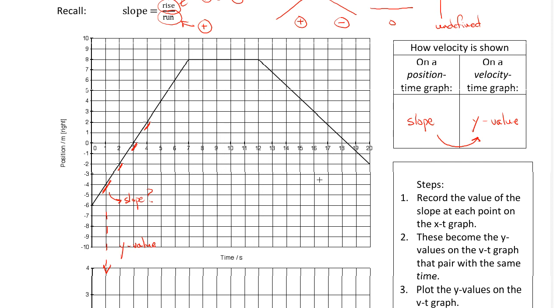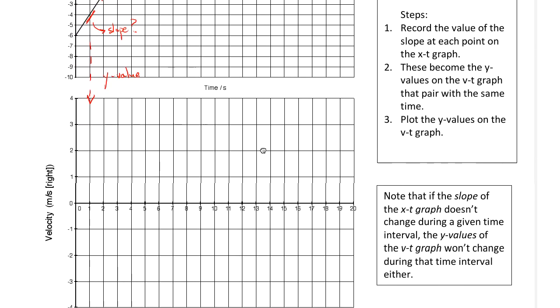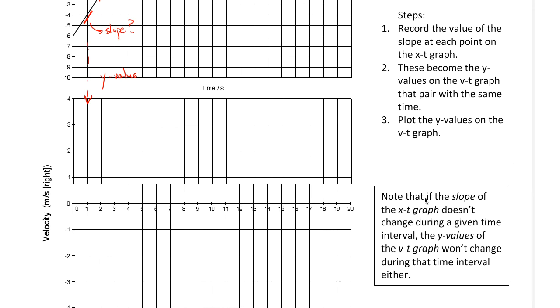Now that seems really tedious, but remember that in graphs like this position time graph where we have straight lines, we've seen that that indicates uniform motion or constant velocity. If the slope of the position time graph isn't changing during a given time interval, then we have uniform motion or constant velocity.